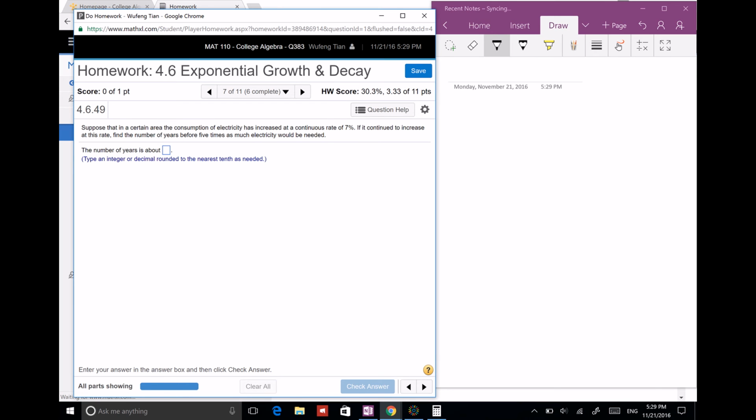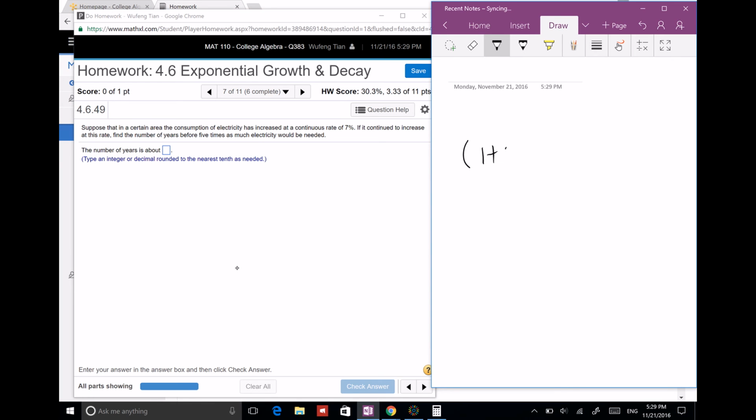So next one, suppose that the consumption of electricity increases at a rate of 7%. How many years before 5 times as much electricity would be needed? So it's 1.07 raised to some number t, over the previous one equals 5. So basically you get 1.07 to the t equals 5. What do you need to do?